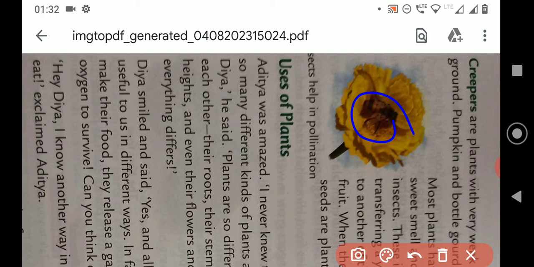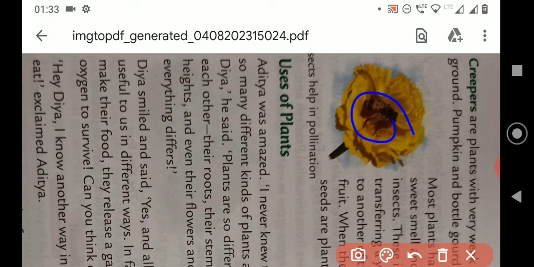So how does the transfer happen? We know that plants can't move, right? How will the transfer happen then? What they do is make the flowers so beautifully colored, bright colored and very sweet smelling, that these insects come. As soon as they sit on the flower, the pollen grains get attached, rubbed against their body, or accumulated somewhere.